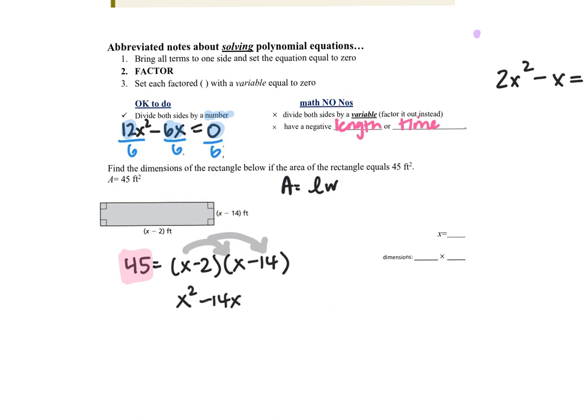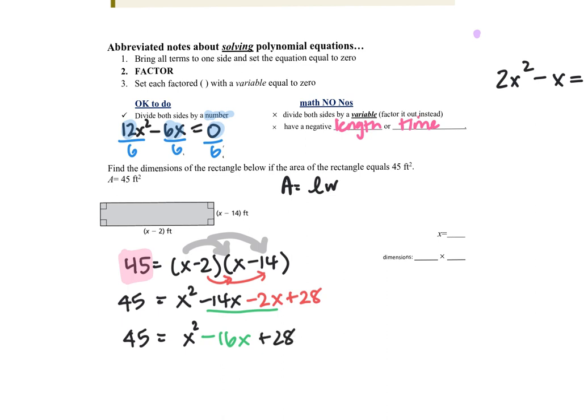Then I'm going to multiply these ones, and I'm going to get negative 2x plus 28. And I'm going to combine my like terms in the middle. So I should get that 45 is equal to x squared minus 16x plus 28.